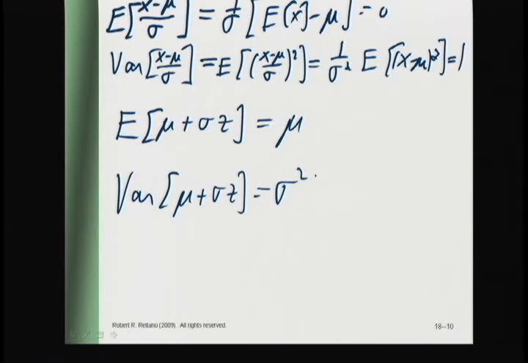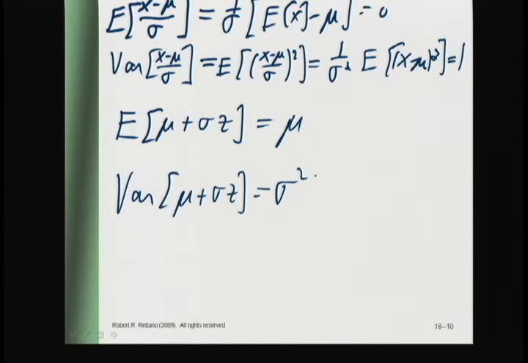And in fact, what we just did had nothing to do with the normal distribution. If x and z have any distribution with the means and the variances quoted, then by doing the transformations that we did, we would get random variables with the stated means and variances. This has nothing to do with normal.